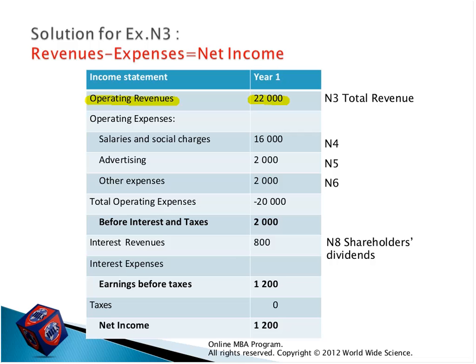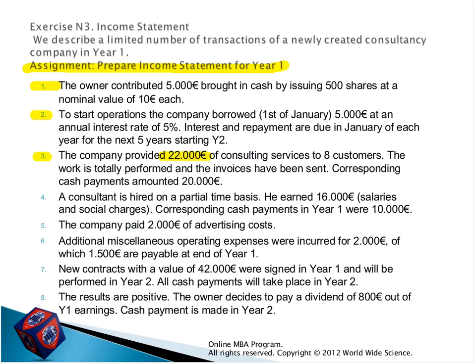Some of you asked me why it is 22,000 and not 20,000, because we have collected in cash 20,000 only. But it is very important, when we interpret transactions, that we remember the accounting concepts and principles, right?